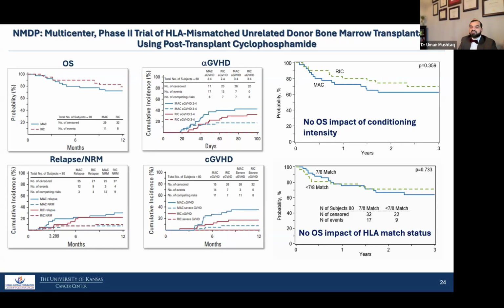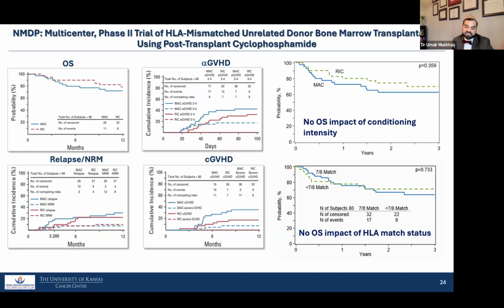So there is this hypothesis now that if you universally use post-transplant cyclophosphamide-based GVHD prophylaxis, HLA may not be as important as it is thought to be. And we will have more data coming up.